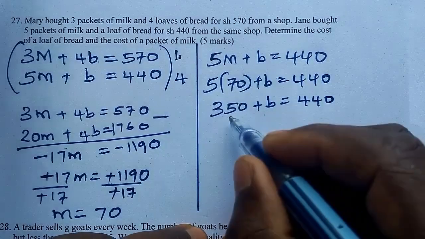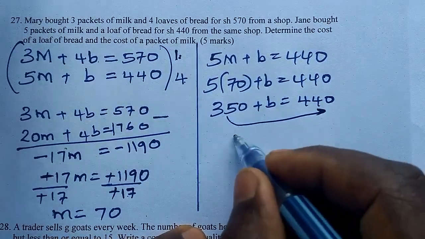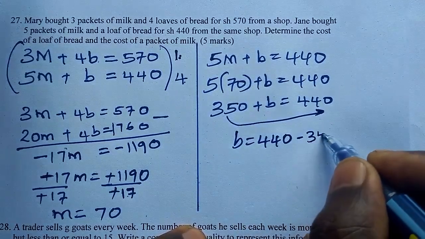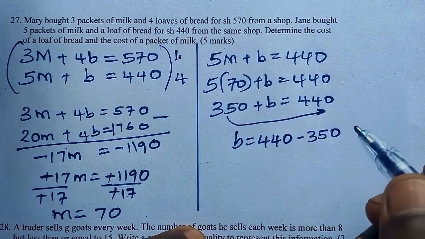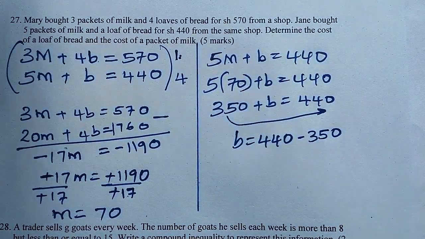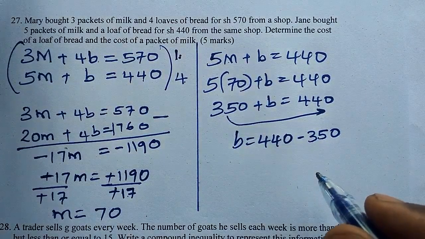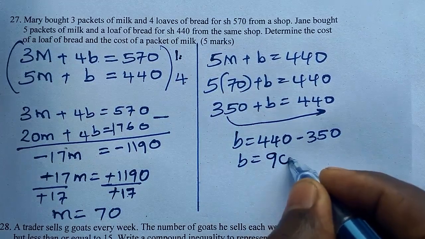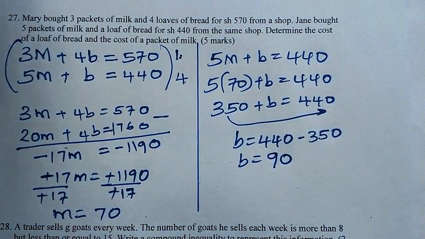Take this to the other side and it becomes minus, so b is equal to 440 minus 350. So b is equal to 90.